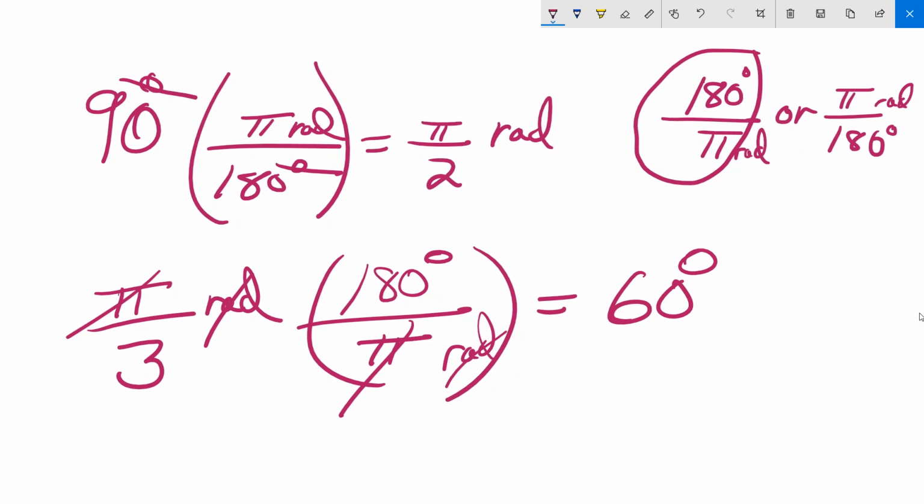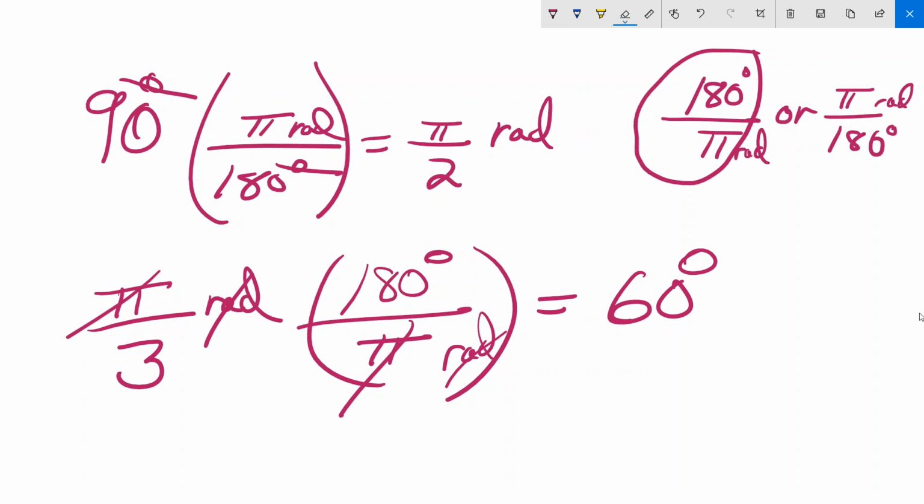Most of your radian measurements will have a pi in it. Not always, not when you get to a little bit more advanced trig. But at the beginning, you can tell if you have a radian measurement if there's a pi in it. Now, everything on this page, you want to be able to do it this way.